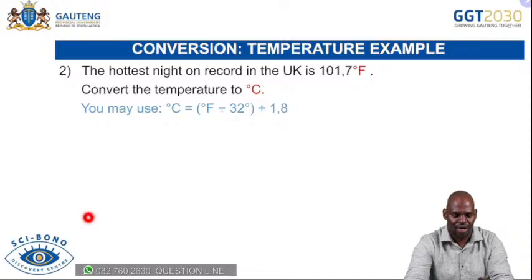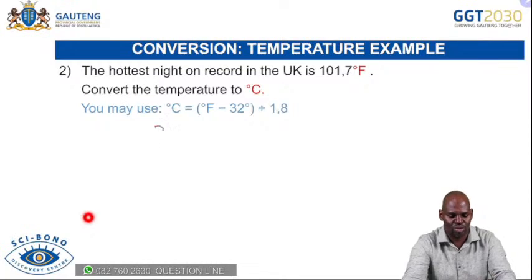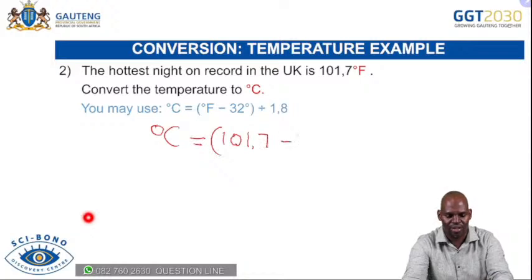The formula is degree Celsius equals, in brackets, degree Fahrenheit minus 32, then in brackets, divided by 1.8. Let us do our substitution. In brackets, we put 101.7, then we minus 32, then in brackets, divided by 1.8.